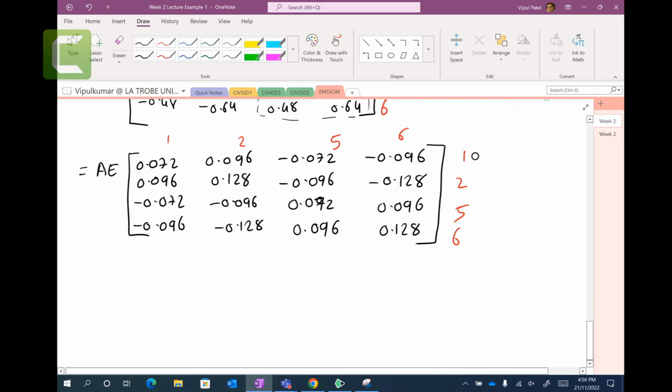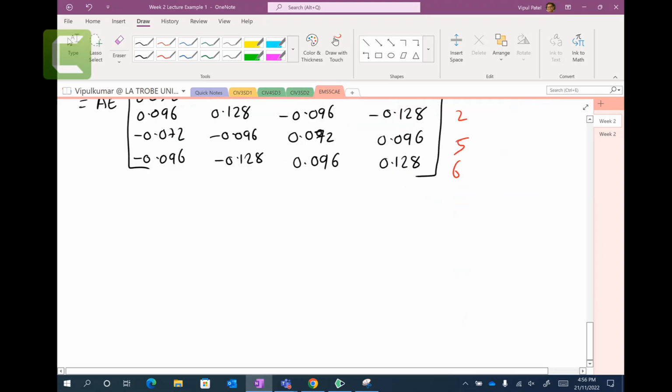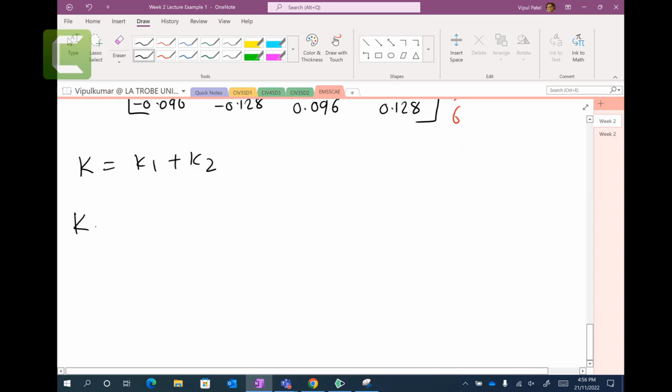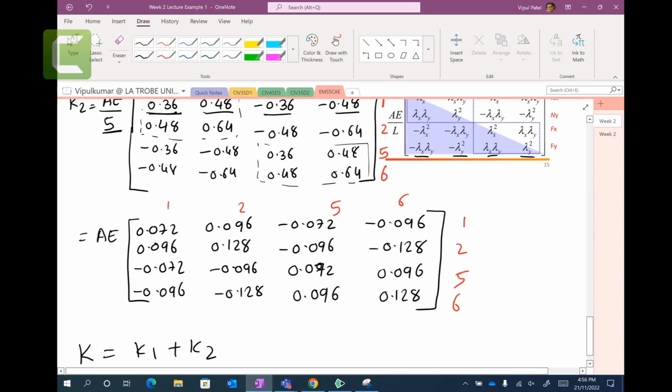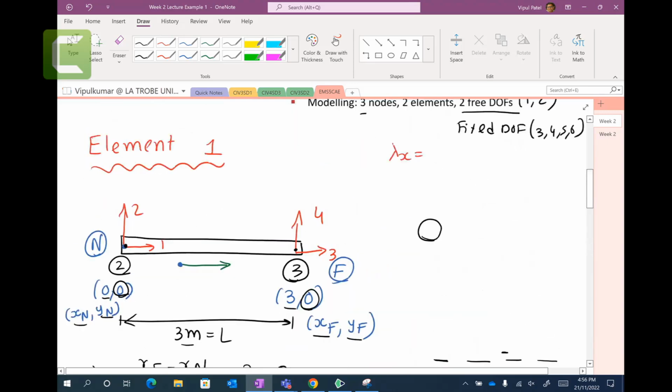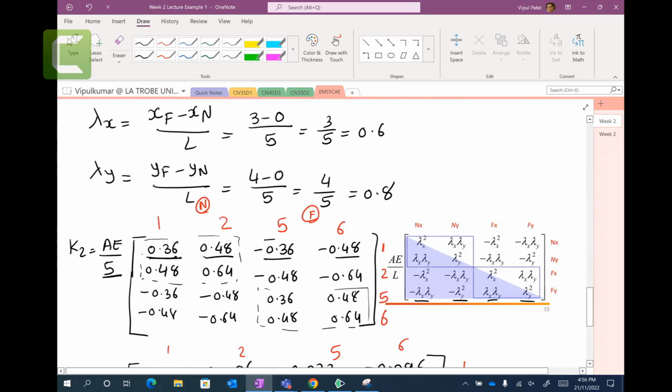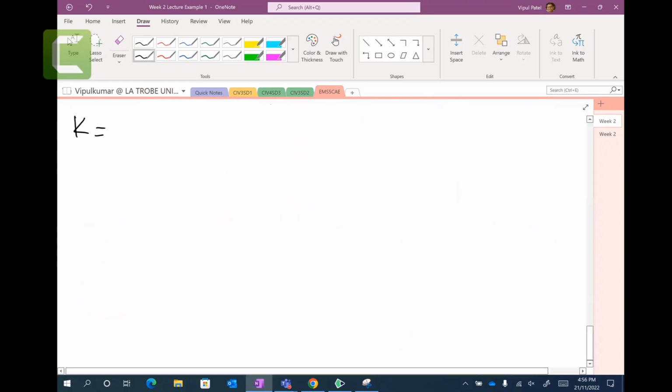Now we're going to assemble the matrix. Please pay attention. K is equal to K1 plus K2. And how big is the matrix? This depends on the total number of degrees of freedom. How many degrees of freedom do you have? 1, 2, 3, 4, 5, 6. So we need a 6 by 6 matrix. Let's say A is constant.